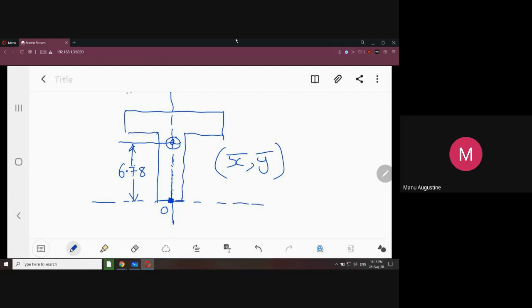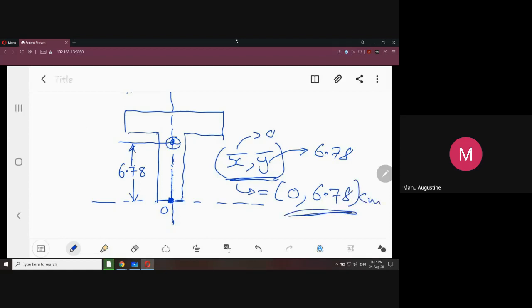So if you ask me what is the value of x bar, y bar, the centroid, since the centroid is lying exactly above the origin, the value of x bar is equal to 0. And since it is 6.78 centimeters above the origin, the value of y bar becomes 6.78. So the answer for x bar, y bar is 0, 6.78 centimeters. This task you have to accomplish before starting the problem of moment of inertia.